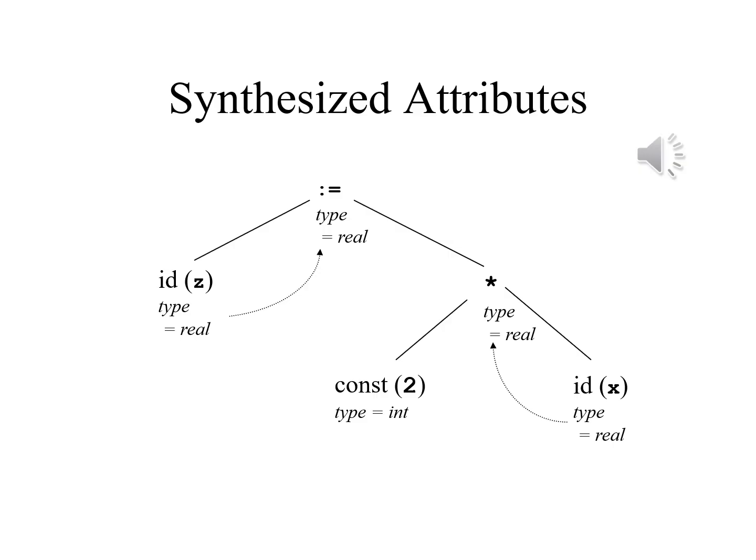Based on the fact that we have a real and an integer, the only way to accommodate both is for the product to be real. We now have a situation where the assignment will be handling something that is real because the variable to which it's assigning a value is real. In these two cases, these attributes are both synthesized.